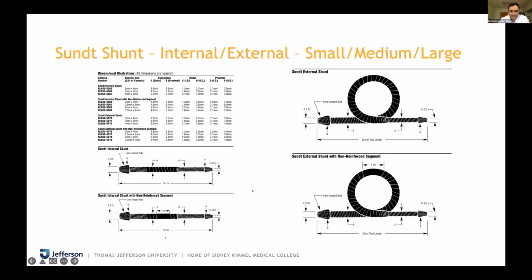Then they are divided even more into another category depending on whether they have this 1 centimeter non-reinforced segment. You can see the difference in diameter. This would go in the distal vessel, and this in the proximal part of the vessel. The table looks a little busy, but honestly, they're just small, medium, or large, and there are more categories because of the internal, external, and the non-reinforced segment.